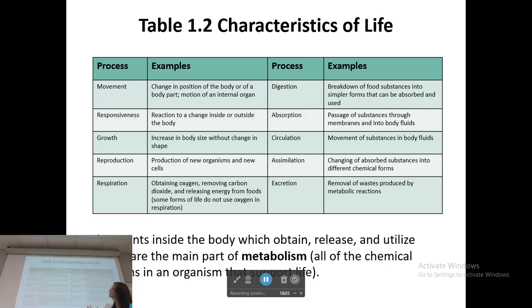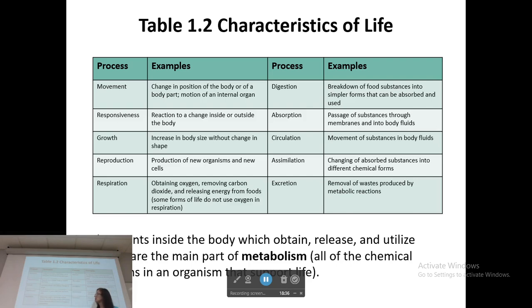Okay, so development, you have more of that change in shape, but growth is just getting larger, right? Reproduction. The cells need to be able to reproduce themselves, right? Your skin cells are constantly making more skin cells to reproduce. And then also reproduction of the species, right? So of the individuals so that we can carry on the species, right?